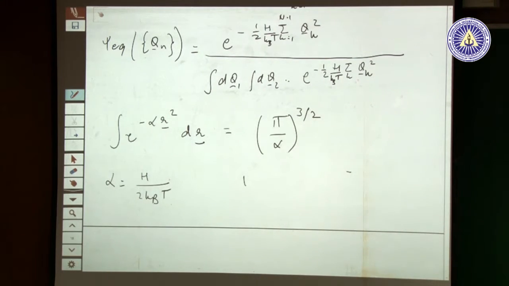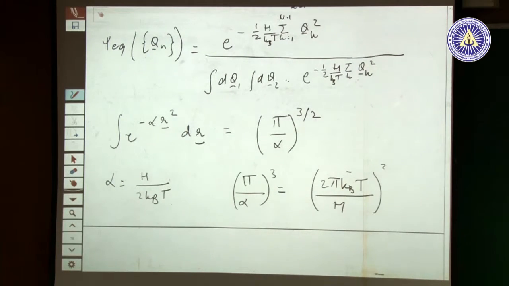So pi over alpha to the power of 3 by 2 would be, I am dividing by H, so 2 pi kBT divided by H to the power of 3 by 2. Each integral contributes these, and there are n minus 1 of these integrals.